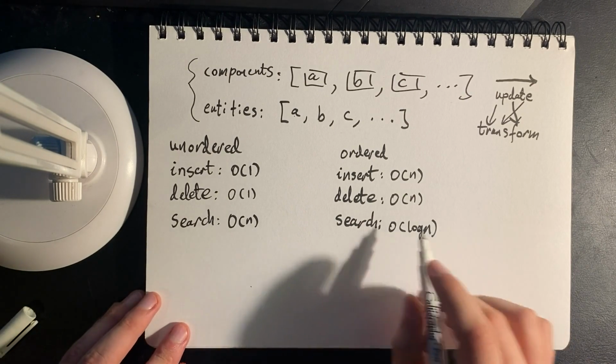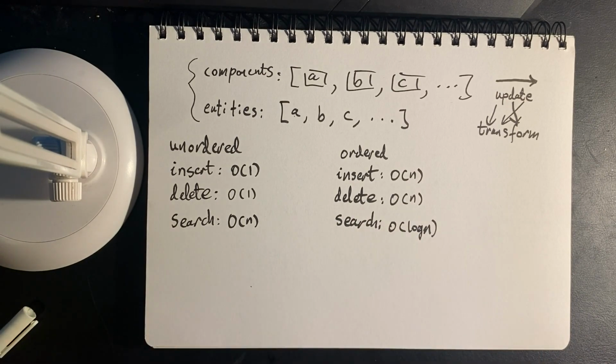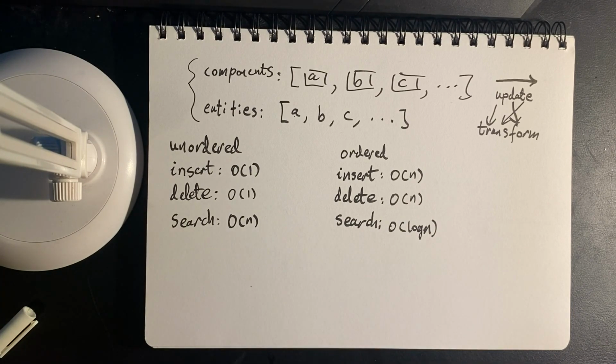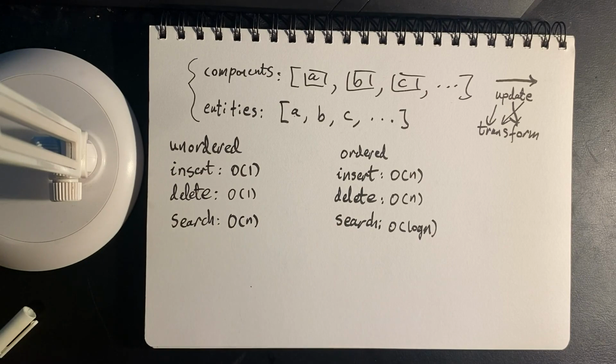But the basic idea is that with binary search, we're always halving the size of our search space. So for instance, if I have 8 objects and I'm looking for a particular thing, if I keep halving it, I can only halve it 3 times until I get down to a single element. So in the worst case, it'll take 3 operations or so. Compare that to O(n), which in the worst case would take 8 operations.